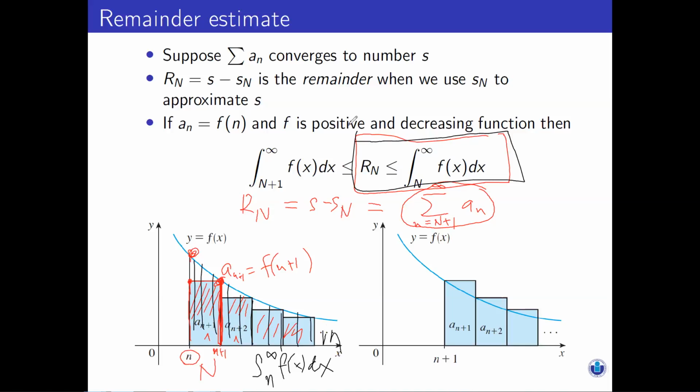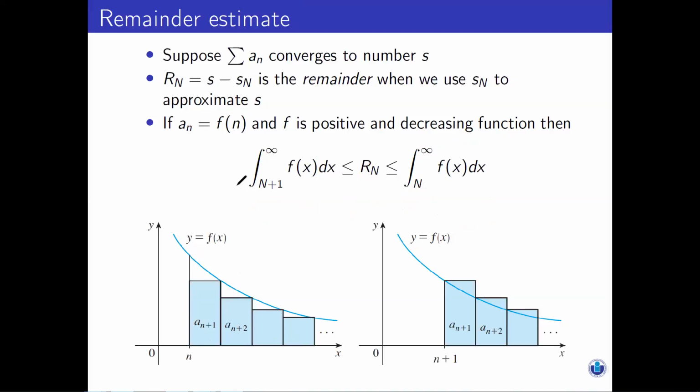Now to get the other estimate, this one here, what you have to do is draw the rectangle. You pick the point, say n plus 1, and you draw the rectangle to the left.